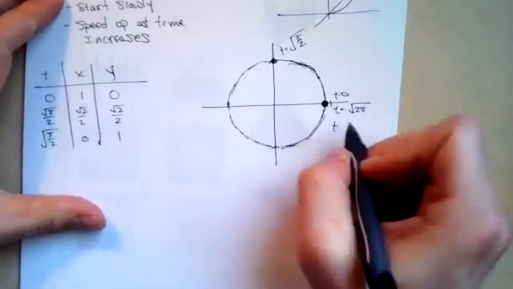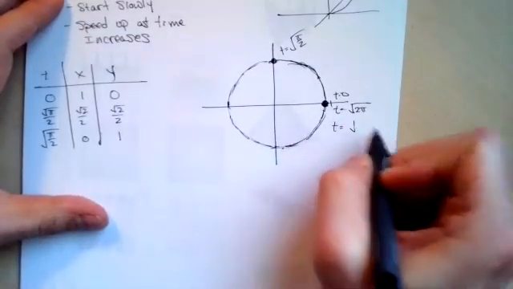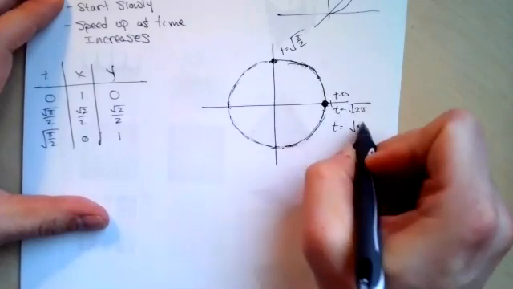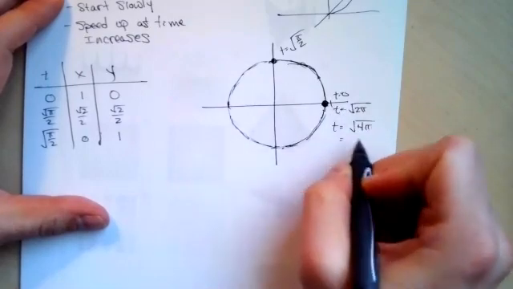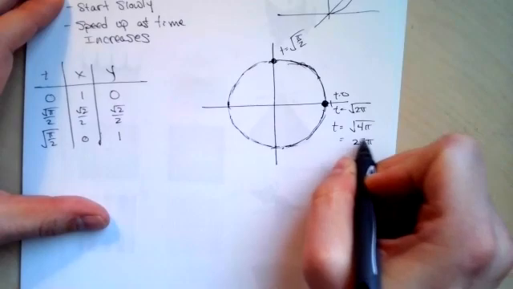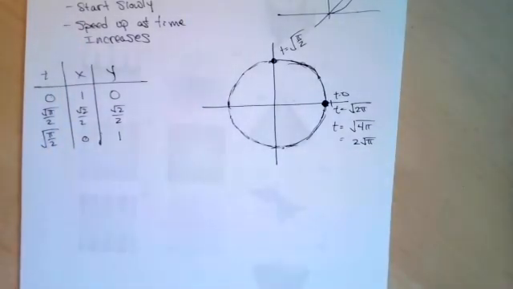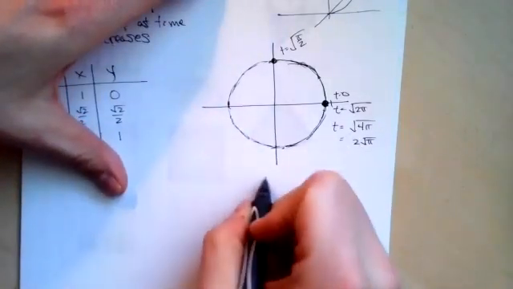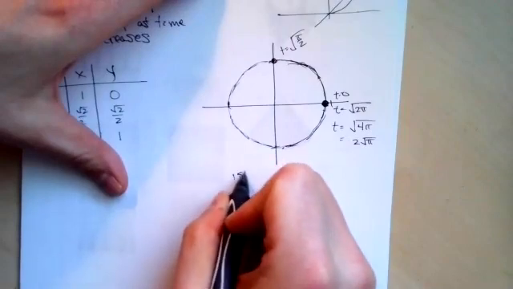Whereas the second loop, we will be back around again, square root of 4 pi, which is, of course, 2 root pi. Now, these numbers are a little hard, but you should take a look at maybe just doing some computations.